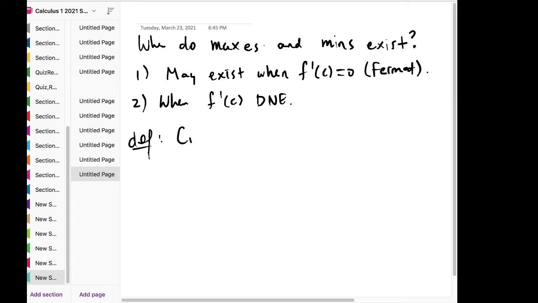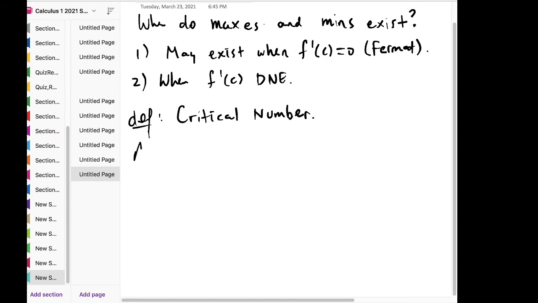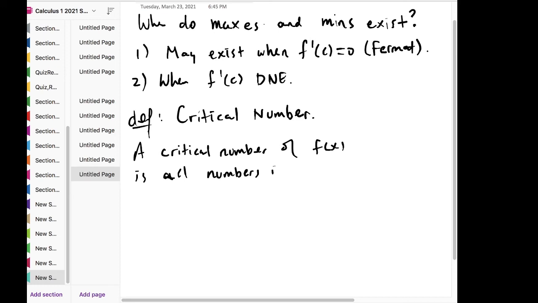Critical number. A critical number of f is all numbers in its domain such that f prime of c equals 0 or f prime of c does not exist.